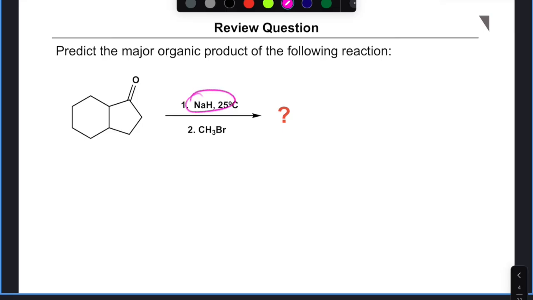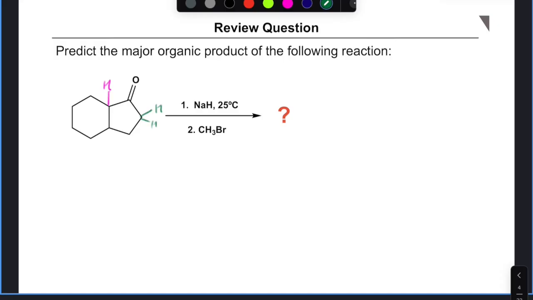What do we use it as? It's a base, right? This second step, methyl bromide, that's going to be my electrophile. If I'm starting this reaction with a base, I have a proton here, and I have two protons there. So the first thing we have to do in that first step is make an enolate.